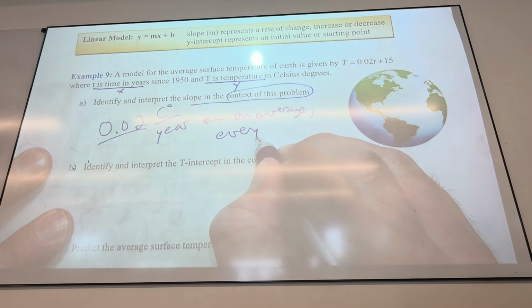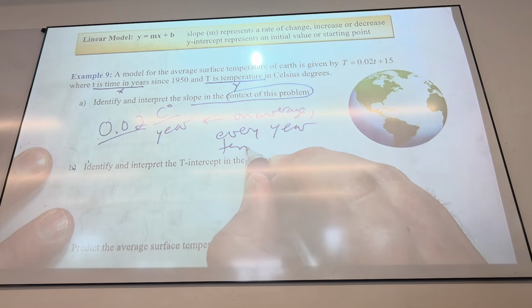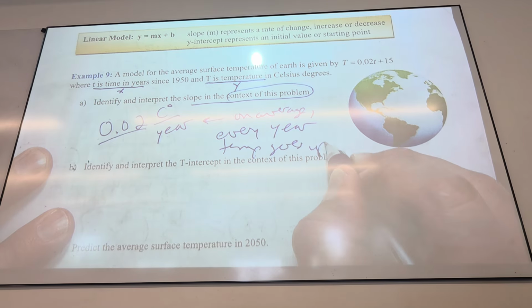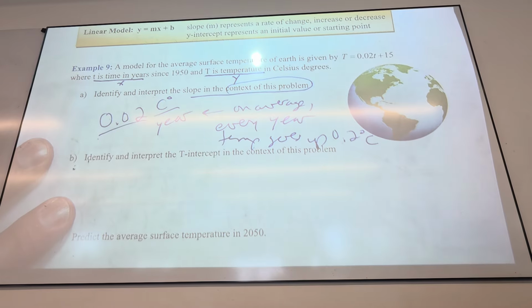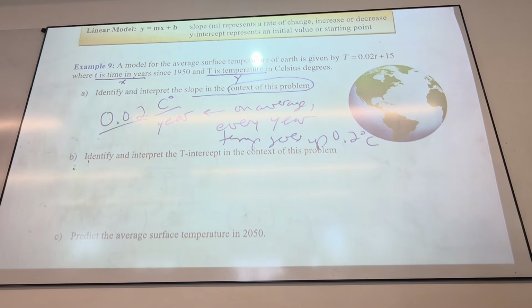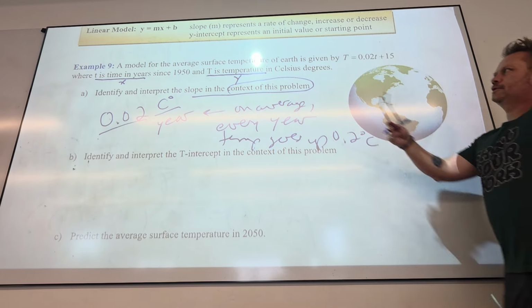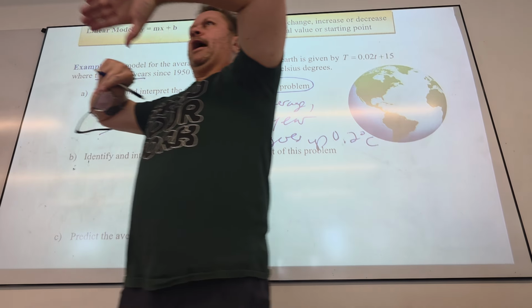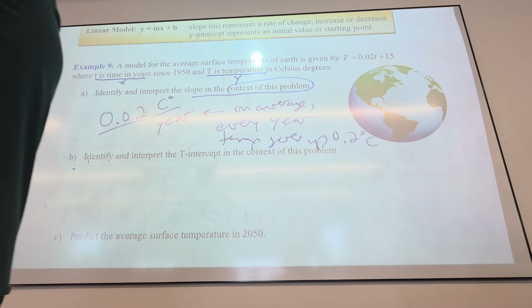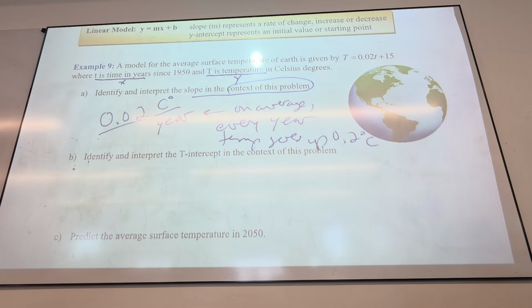So this equation is like an average, like the line of best fit I did earlier. There are going to be other reasons for the temperature to go up and down, but overall the temperature is going up like crazy.